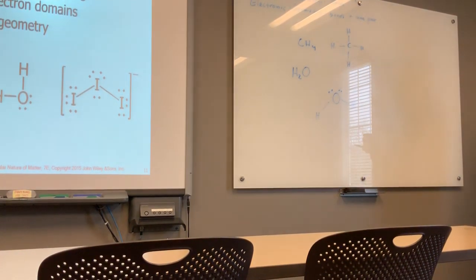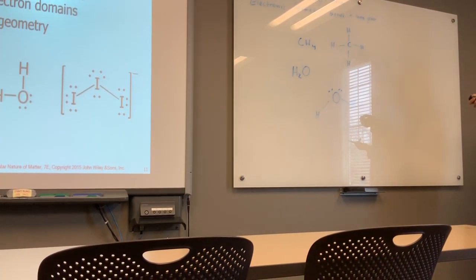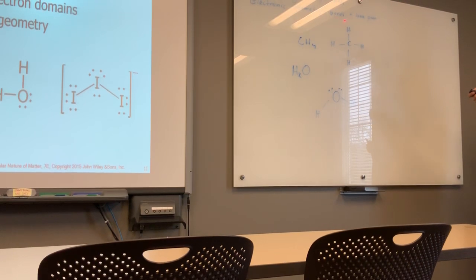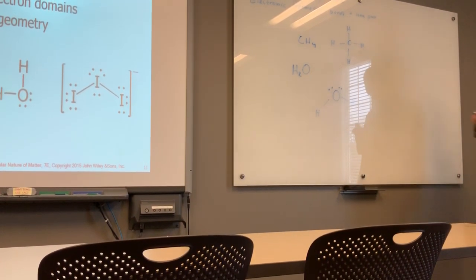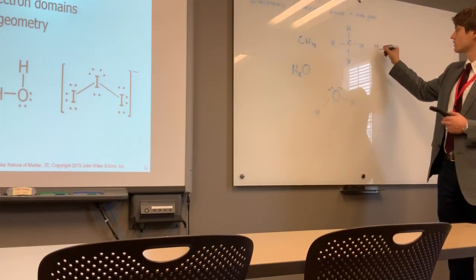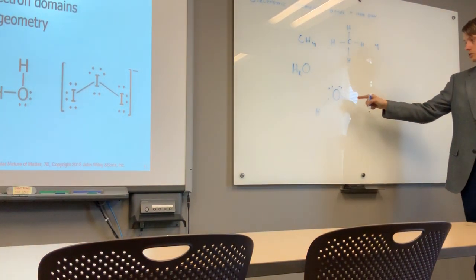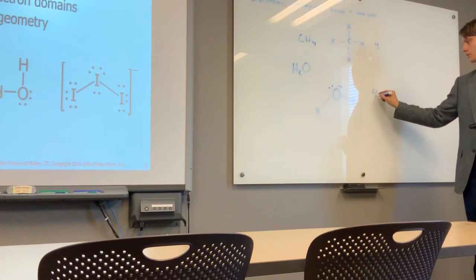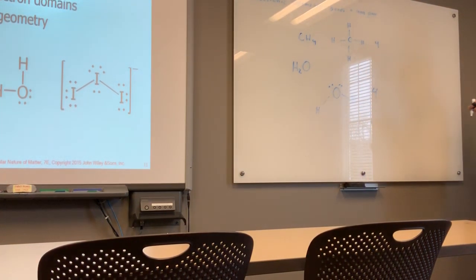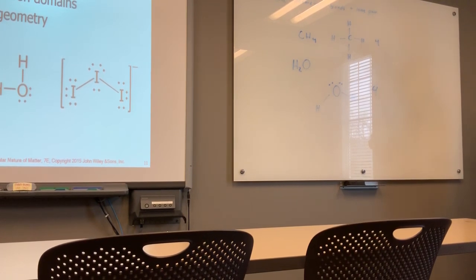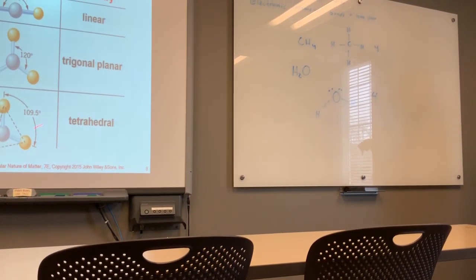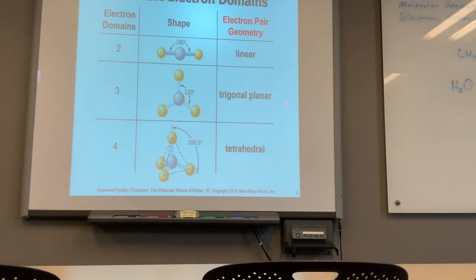So if I ask for their electron geometry or electron pair geometry, you count the total domains, both bonds and lone pairs, as all the same. So this has 4 domains. This also has 4 domains. So their electron pair geometry is both tetrahedral because they meet the requirement. It's simply the number of electron domains.